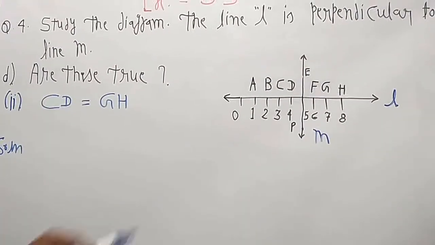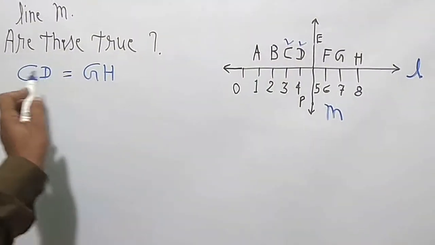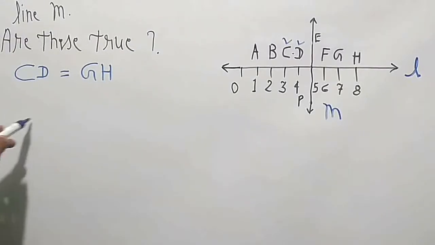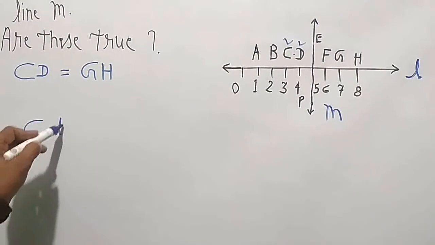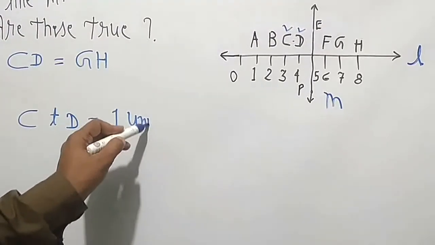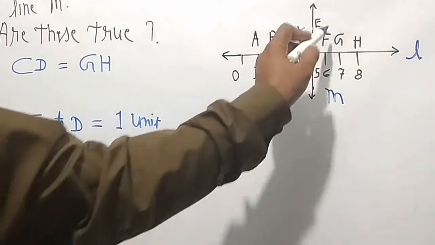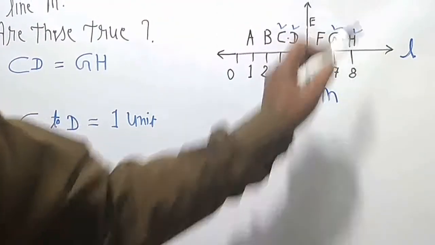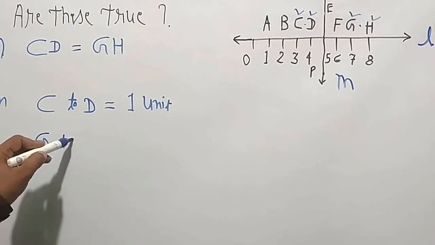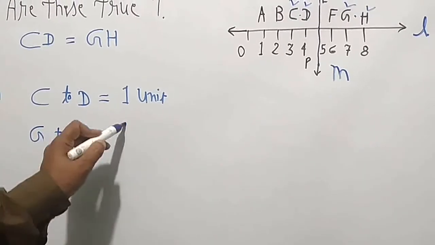Next question, are CD equal to GH? Now again we see in the figure, this is C, this is D. In between C to D there is 1 unit. So in the solution we can write C to D is 1 unit, and this is GH. Again 1 unit is there. So we can write G to H, 1 unit.